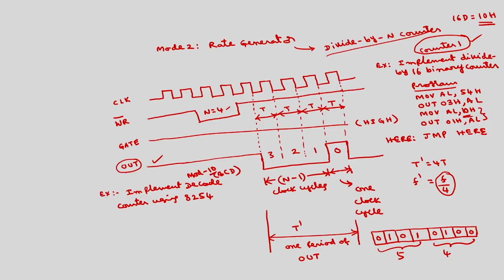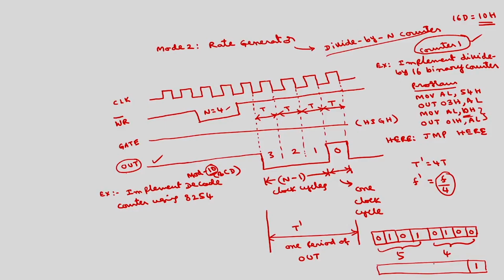So the change here will be that this 0 becomes 1 because this is BCD count, so that I can directly give this 10 into the counter.